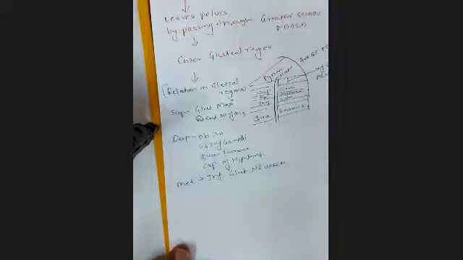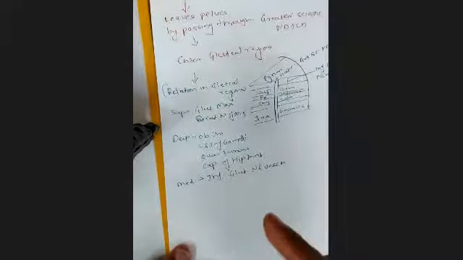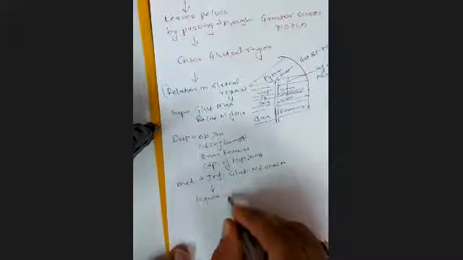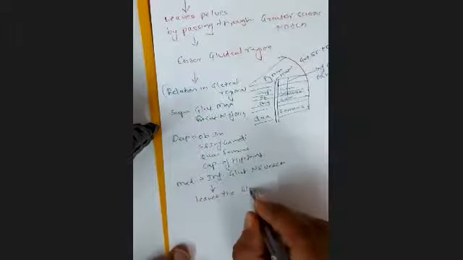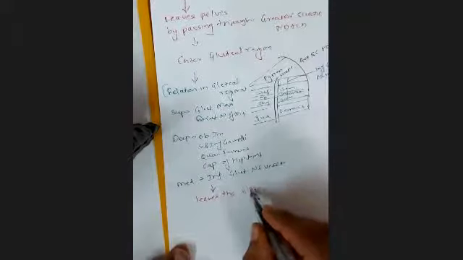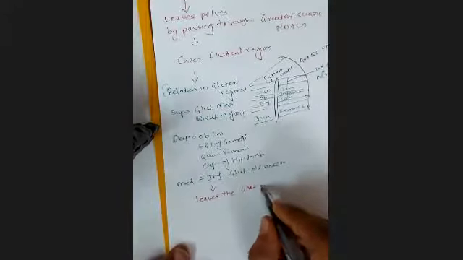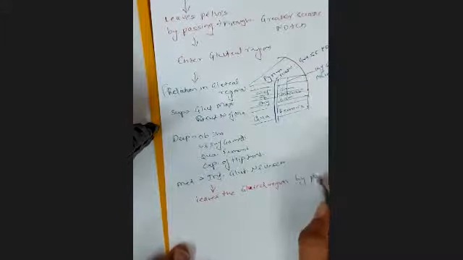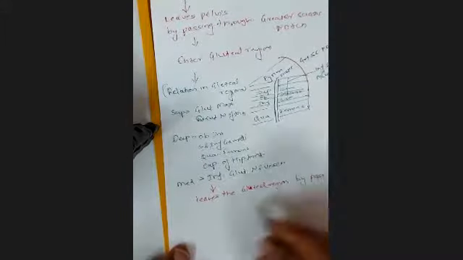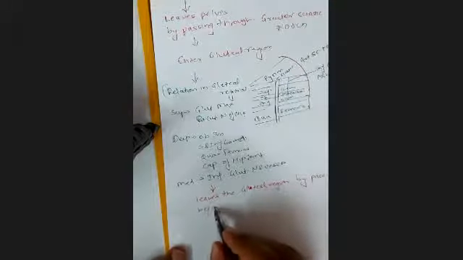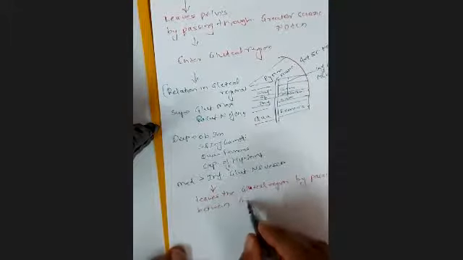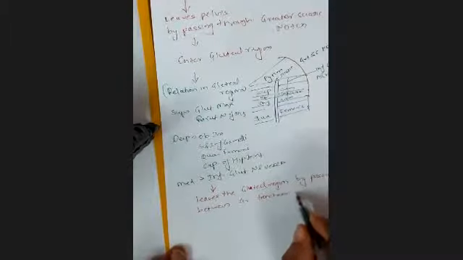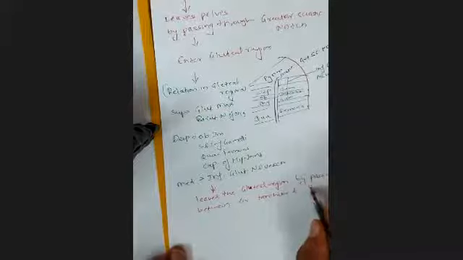Now, what happens to the course further? How does it leave the gluteal region? It leaves the gluteal region by passing between the greater trochanter and ischial tuberosity.